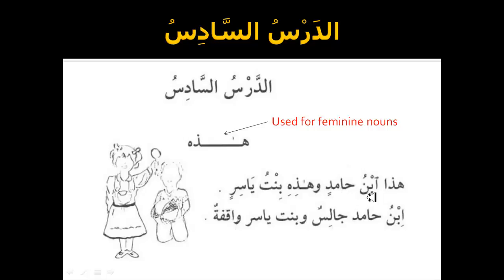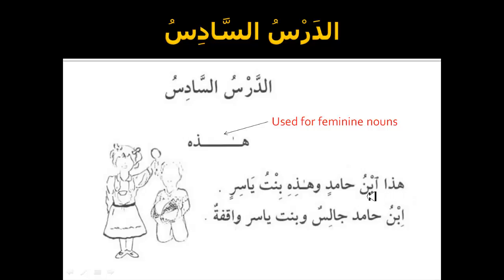Ibnu, this is mudaf and mudaf ilayh, what we discussed before. Remember the rule for mudaf, ibnu. This is the possessed, and the one who possesses it follows, mudaf ilayh. Alright, and also there's a hamzatul wasli here, and whenever we have a hamzatul wasli, we do not pronounce it when it comes after another word like this.